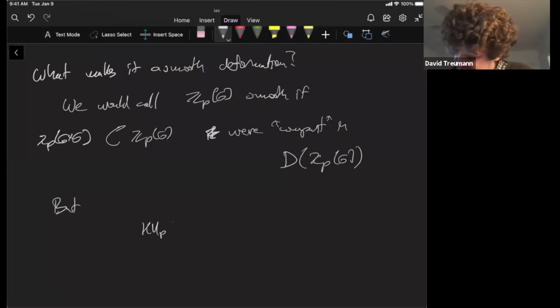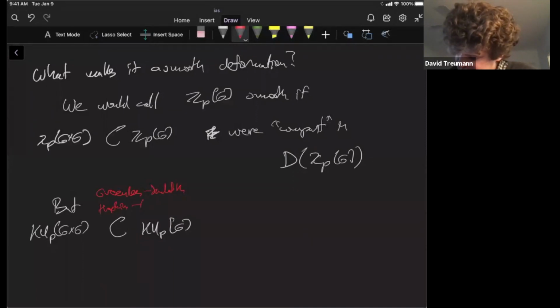But well, there's something nicer about this guy. So KUpG, this is the theorem of Greenlees, Sadovsky, Hopkins, Lurie, I think.